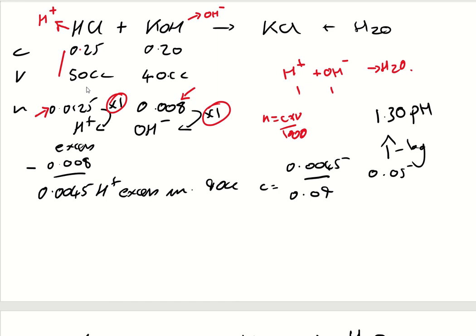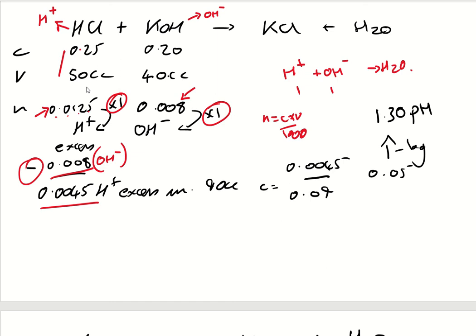So I have my acid, in other words my H+ ions, in excess. I have them in excess by a factor of 0.0125 minus my moles of alkali, or OH- ions moles. That's how many moles of hydrogen ions, 0.0045, I have in excess that are left over at the end of the reaction in the beaker or the conical flask, unreacted.